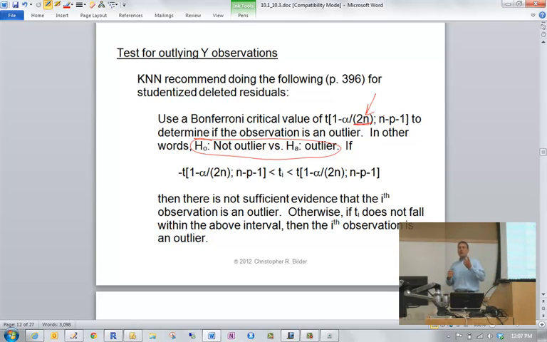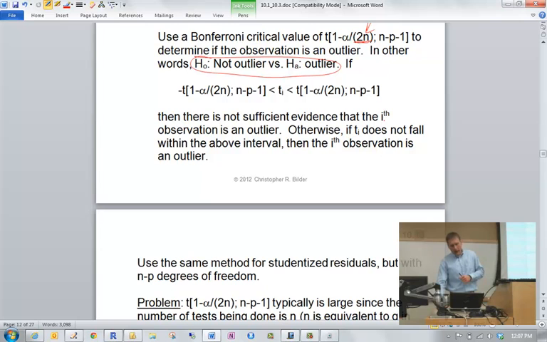You can do this with the studentized deleted residuals and also a similar thing with the studentized residuals. If something falls outside of there, then you start worrying about that observation. It's an outlier, but again, you don't know necessarily if it's detrimental or not. More so with the studentized deleted residuals, it's more clear.